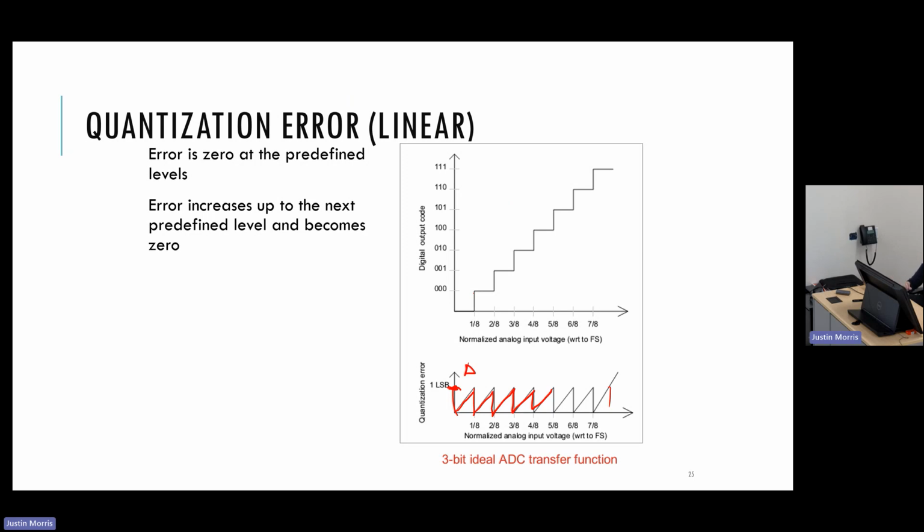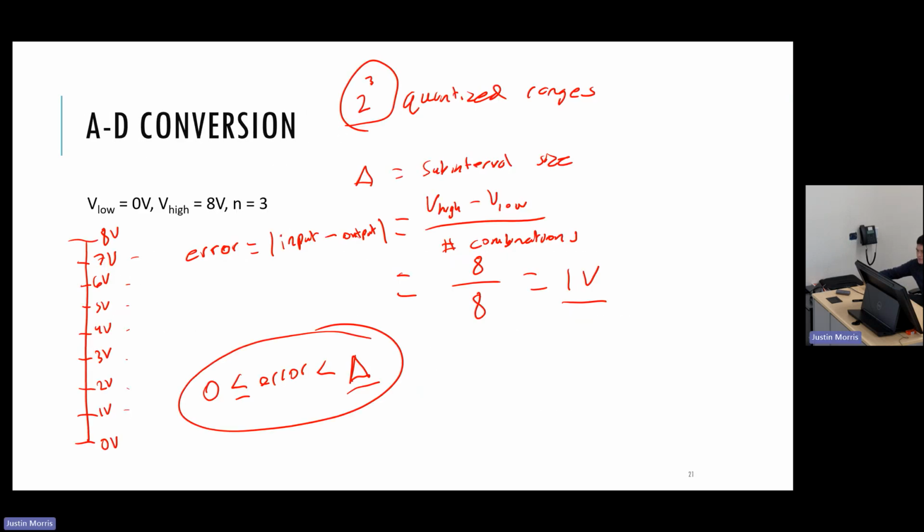Subinterval size, right? So how can we, based on our equation here, decrease our subinterval size?